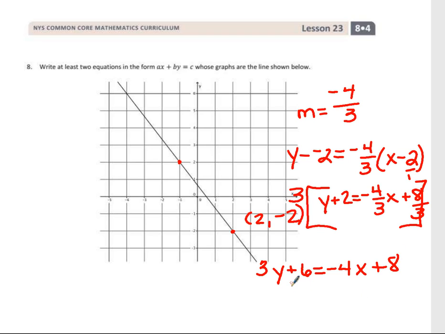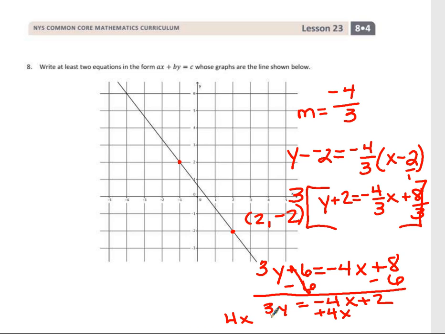I'm going to go ahead and subtract 6 from both sides. So I now have 3y equals negative 4x plus 2. I need to get my x's to the left side, so I add 4x to both. I now have, and I'm going to write it over because I'm running out of room, 4x plus 3y equals 2. And that's my first one.